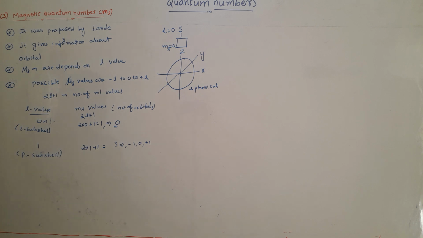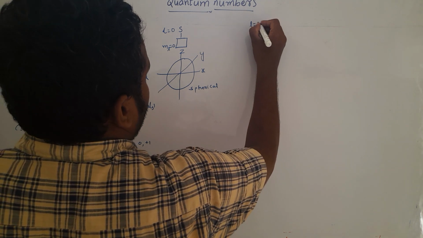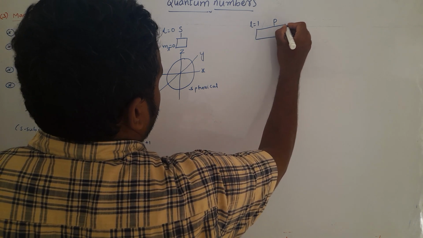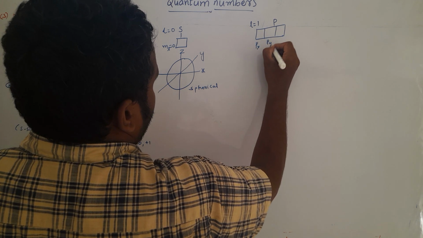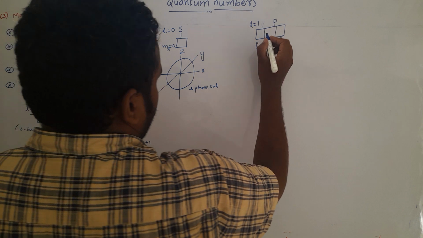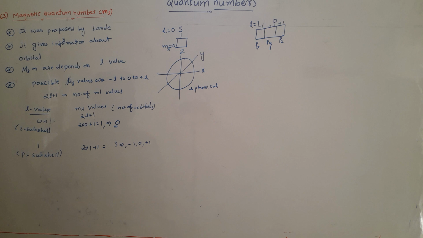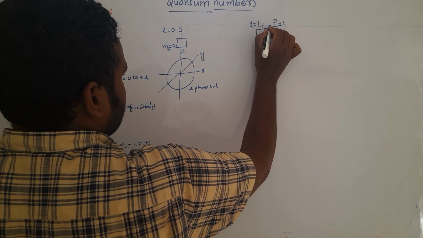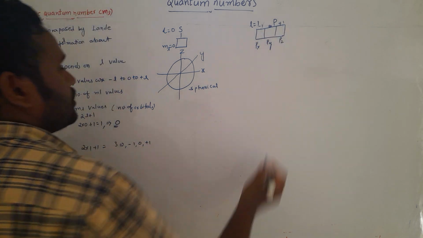So the P subshell contains 3 orbitals, Px, Py, Pz. It is not mandatory to write plus 1, 0, minus 1 in a particular order; you can write them in any order, no problem.